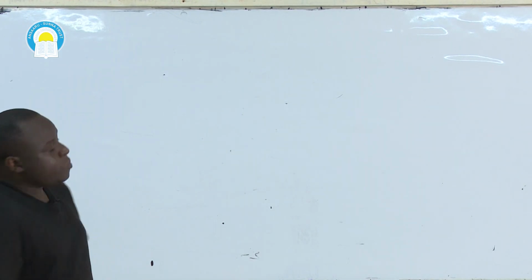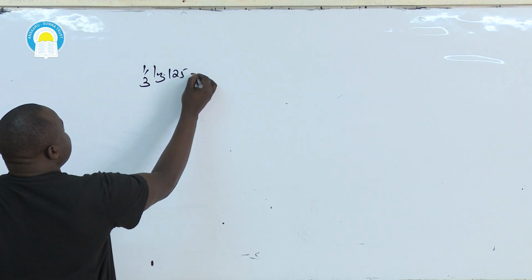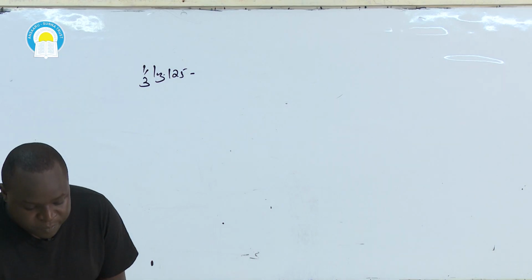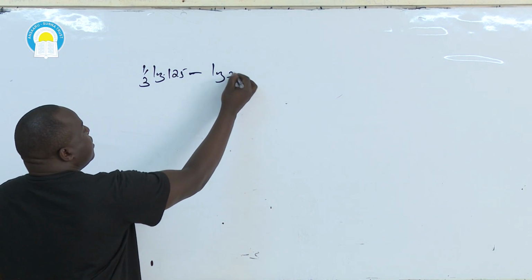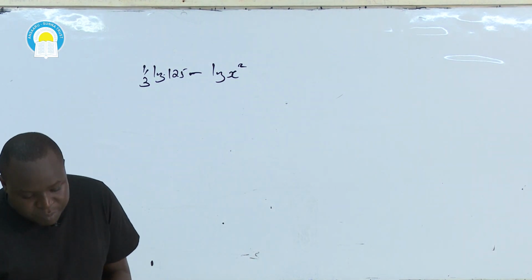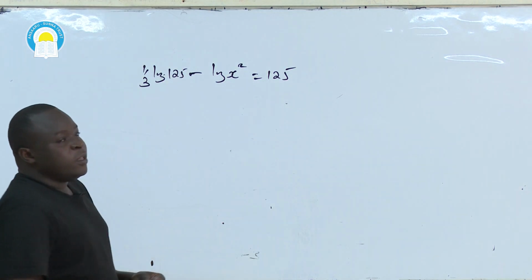Next is one third log 125 minus log x squared equals log 125.